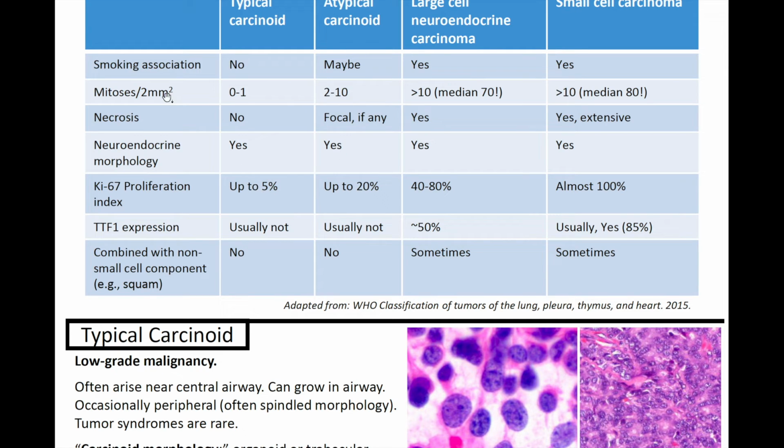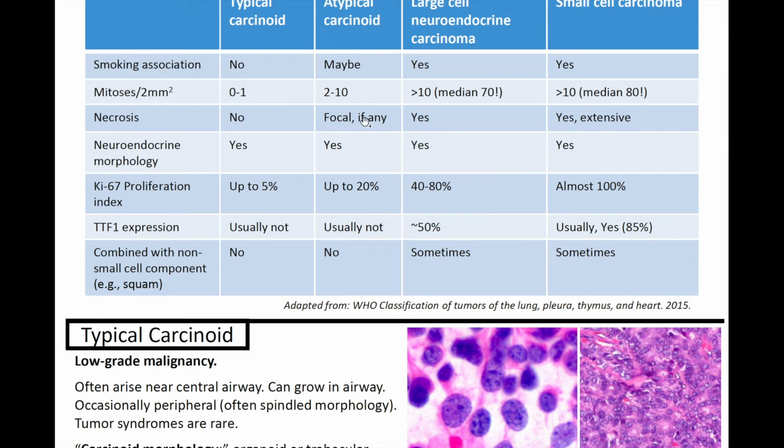So if we look at the Ki-67 proliferation index, which looks at how rapidly something is proliferating or dividing, once you get into that 40 to 80% or almost 100%, that's when you're dealing with carcinomas, right? But these lower Ki-67 expressions, those are carcinoids. So I guess in my head, I bucket them as, well, as it says down here, a lower grade malignancy than an outright carcinoma.